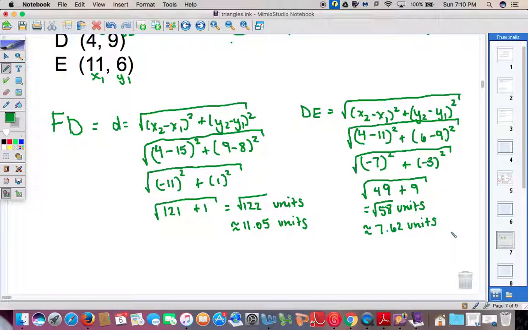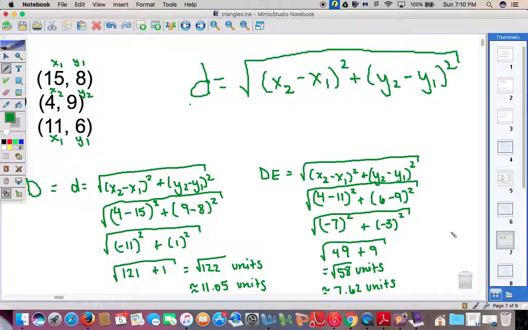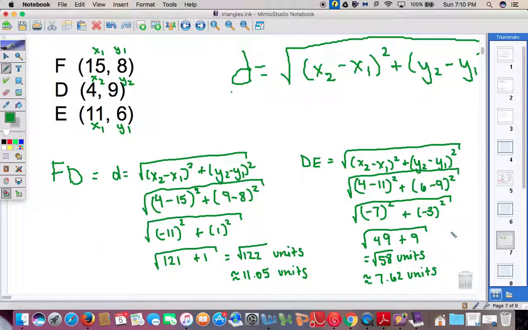And then my last side that I need to do would be FE. Okay, so FE, I'm going to let E be my x2, y2 here, and F is my x1, y1.